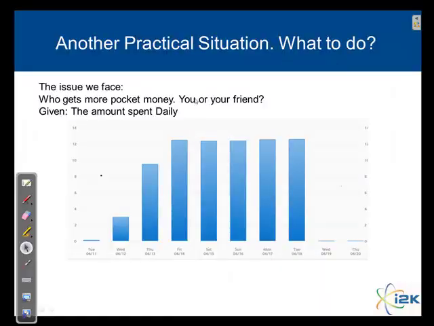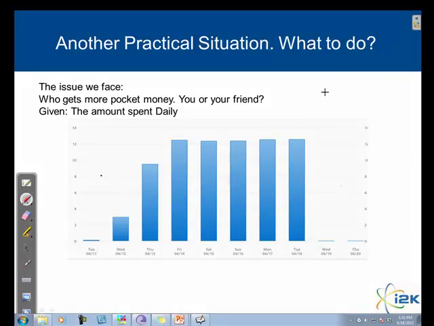We have a different situation now. Suppose you are given the daily money that you and your friend get from your parents, and finally you have to say who gets more pocket money per month given the daily spend.